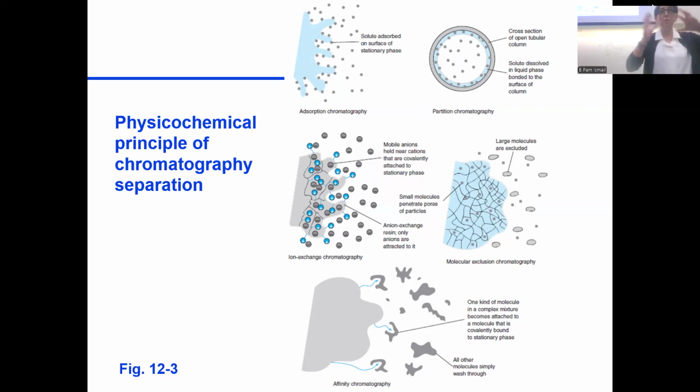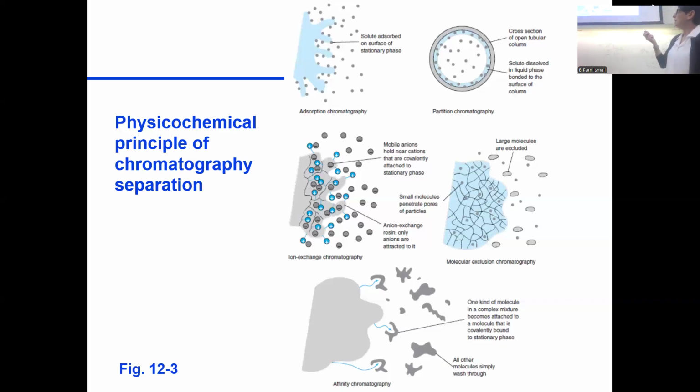On what basis do we have interactions, or what types of interactions? Are they physical interactions like in size exclusion or molecular exclusion? That means the same thing. If you see size exclusion or molecular exclusion, that means the same. Sometimes you see gel filtration, it's the same. So this is physical. That means it's based on the size only.